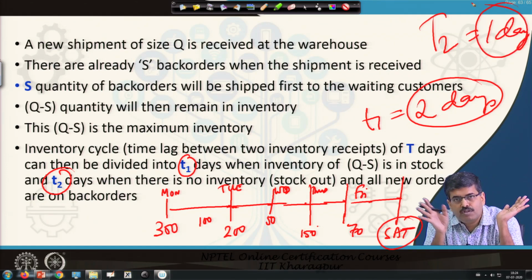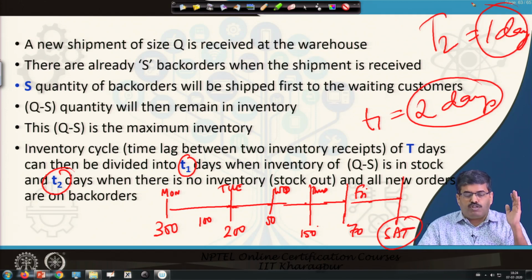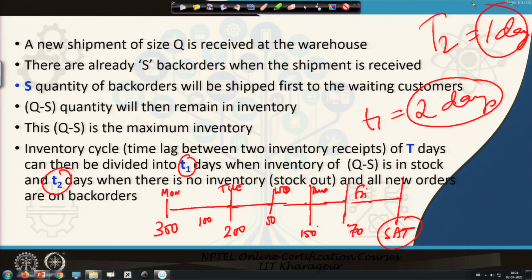Is it clear now? So, 300 units have come on Monday, next order will come on Saturday. The total time period is divided into T1, when the product will remain in stock, and T2, when orders are coming in but the product is not in stock. Okay.